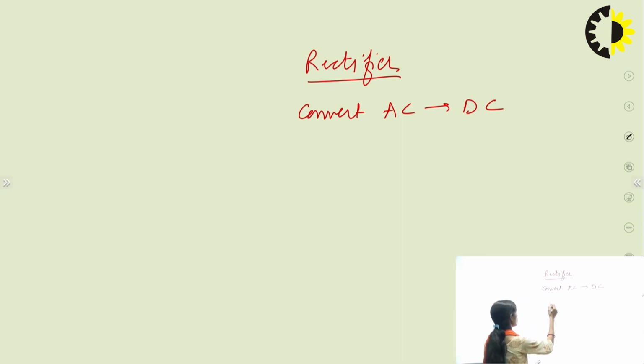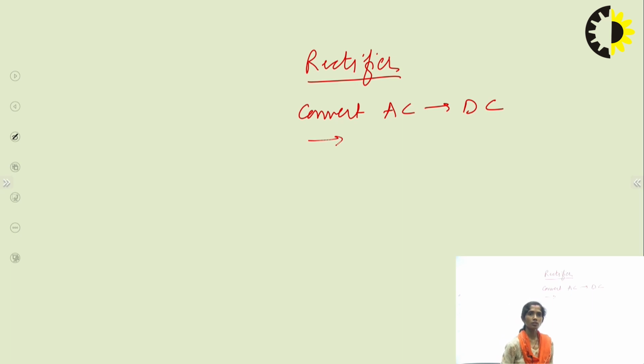Diode can pass the AC signal and convert it to DC value. So we can say the definition of the rectifier: rectifier is a device which converts the AC signal into pulsating DC.